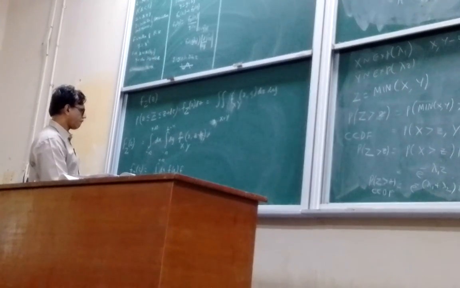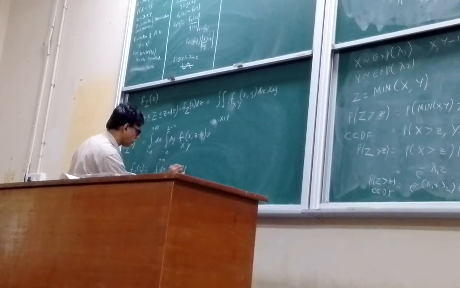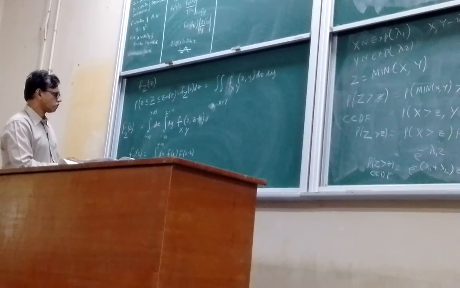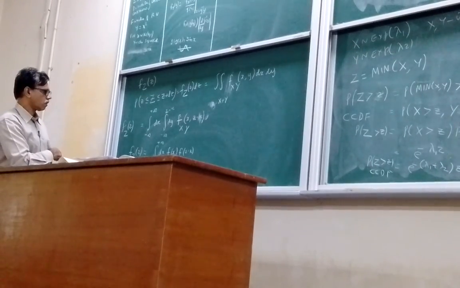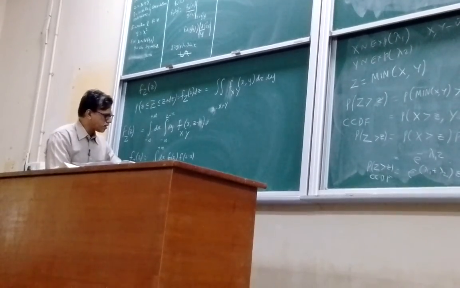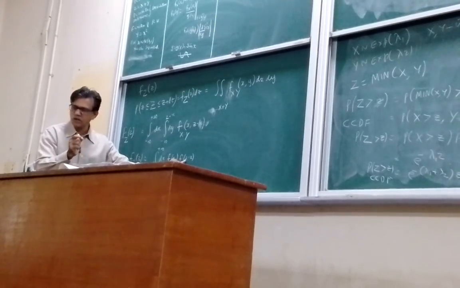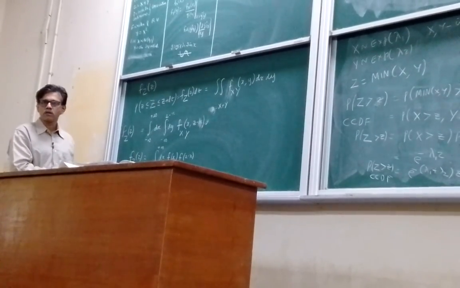Yes, again, this will be correct, because these are functions only. The integral is only over small x. Z is of course a given constant at which you are computing. Again, this is the discrete convolution integral.